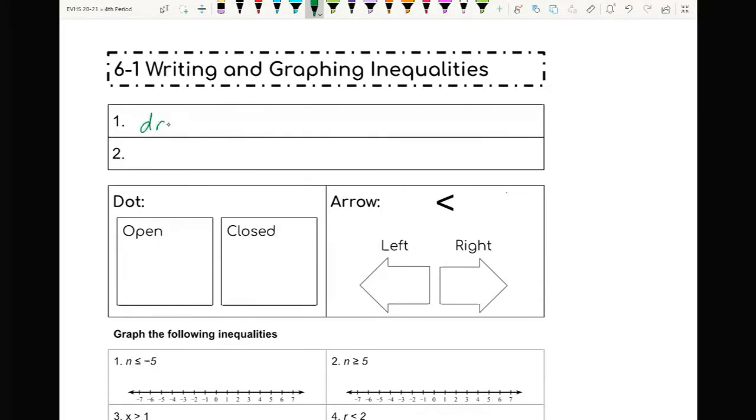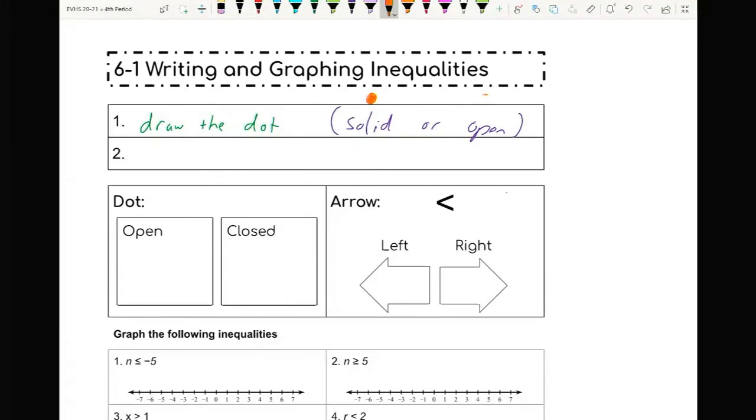So, first off, for graphing them on a number line, single variable inequalities, the first thing you're going to do is draw the dot. And if you remember anything about that, when you draw the dot, you've got both a solid or open dot. A solid dot is a dot that is filled all the way in.